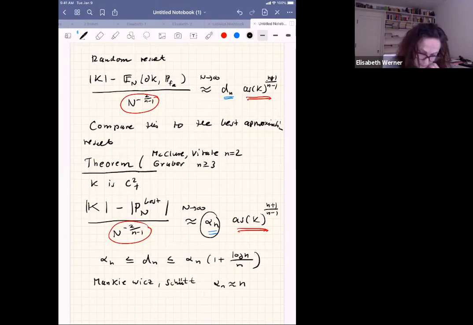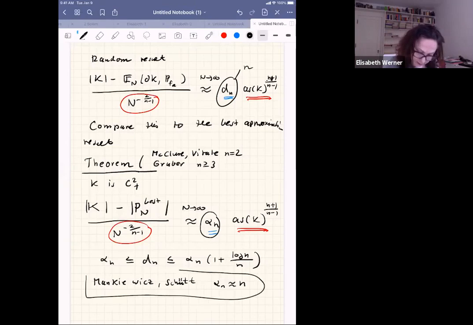So in our result here, we have a description of the dn in terms of the gamma function, and then one can estimate and see that this is of order n. So that's not hard, but it's actually hard to determine in this best approximating result this alpha n.